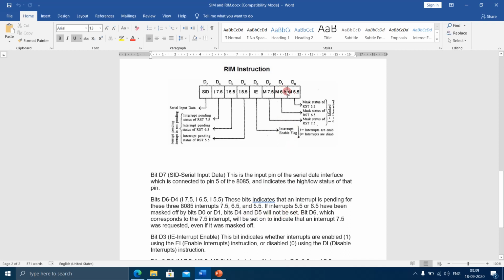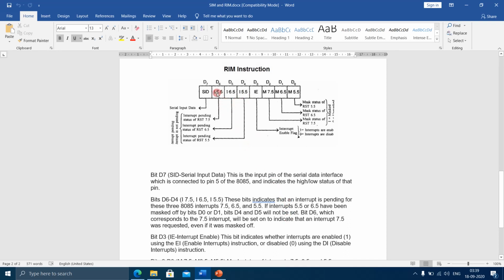If bits D0 and D1 are masked off, are ignored, then these bits will be 0. 6.5 and 5.5 will be 0. Will not be set means it will be 0.